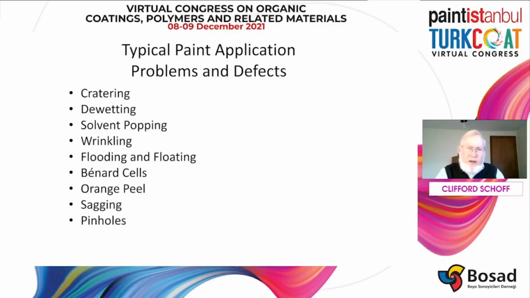De-wetting and cratering is often a form of de-wetting. If you are dealing with bake coating, solvent popping and wrinkling may occur. Flooding and floating and Bénard cells are similar defects that occur due to convection flow.